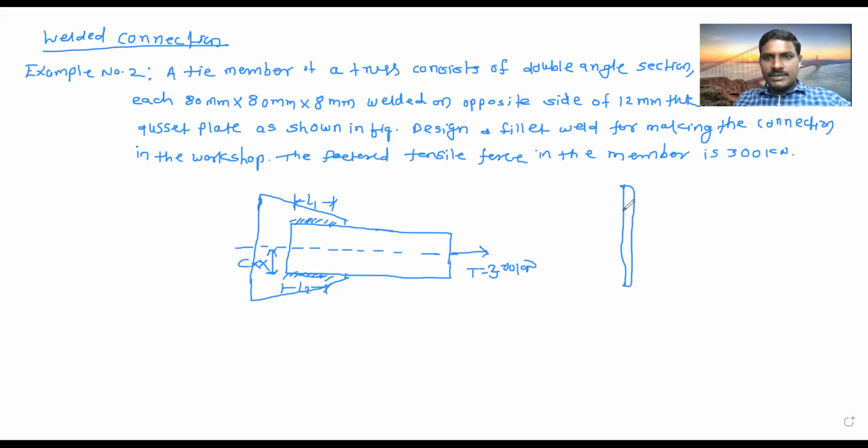This is the plate, and to this plate the double ISA they have given. So double ISA means like this, and we have to weld at top of both sides and bottom of both sides. This is your Cxx, this is the CG.